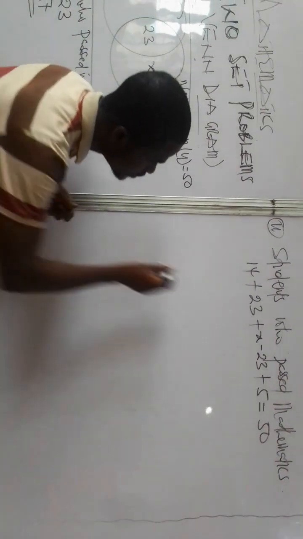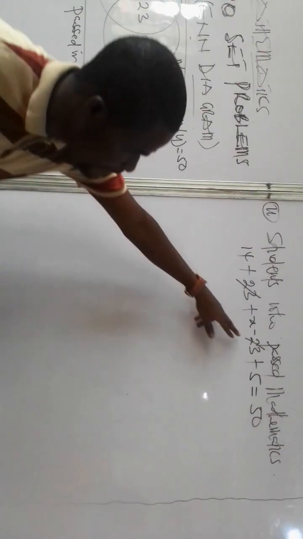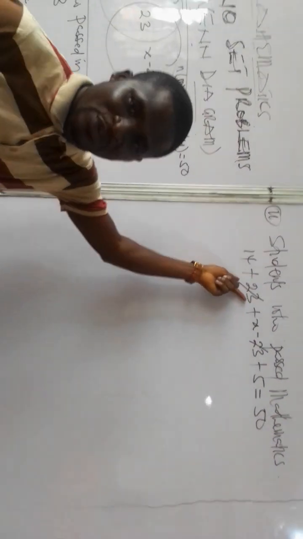Now, 23 will cancel 23, because you are owing me 23 and you've paid your 23. You are not owing. Good.